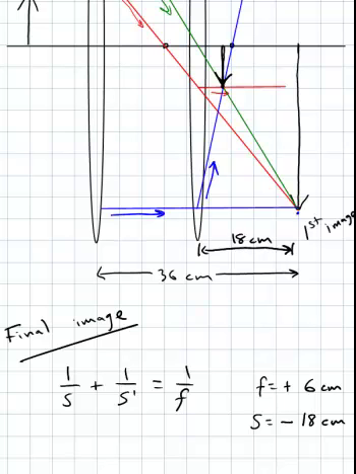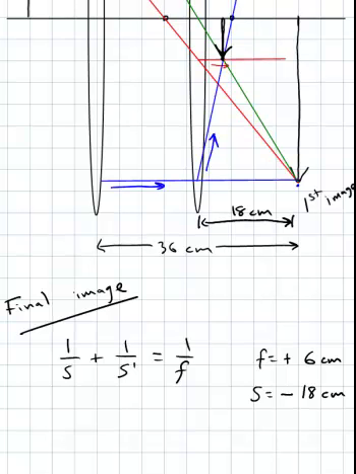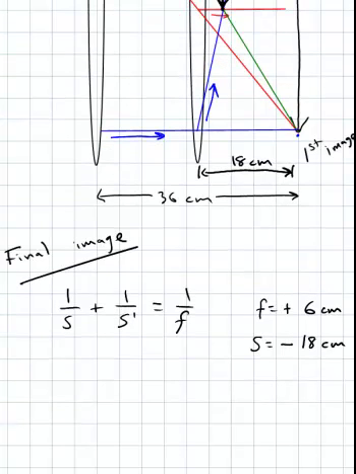So the convention is that we use a negative distance for that because it's not on the same side of the lens that the light's coming from. And we plug those numbers in, and we get our image is a positive 4.5 centimeters.